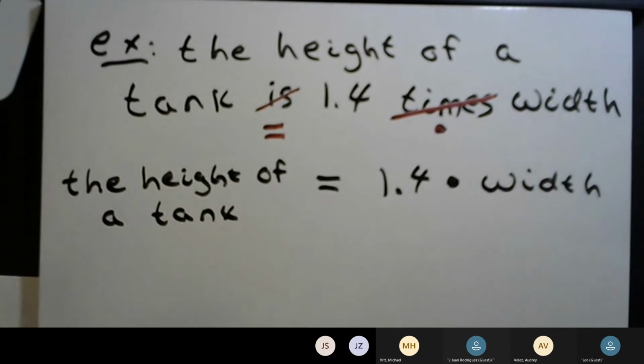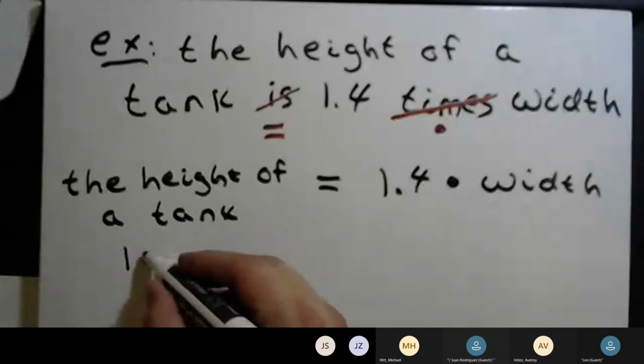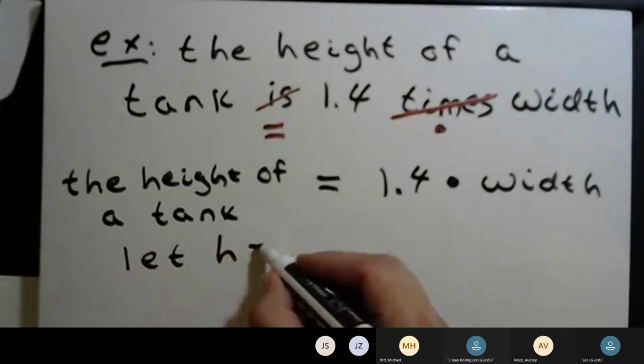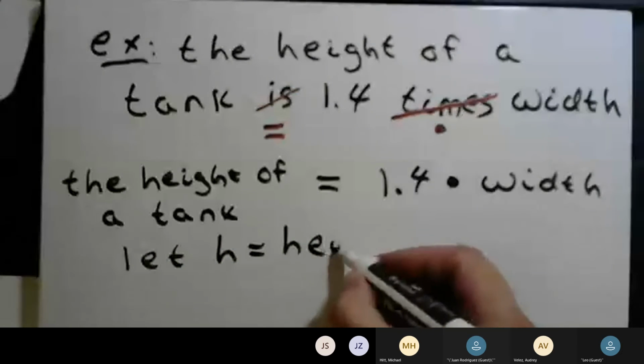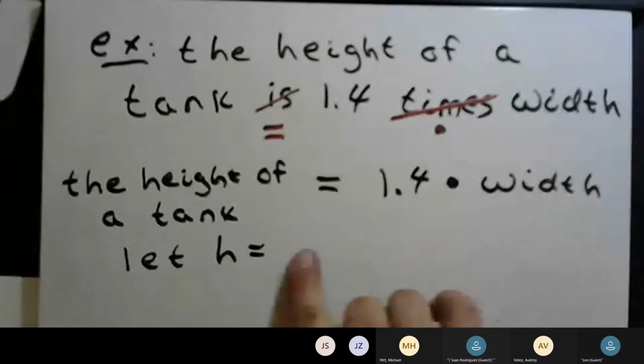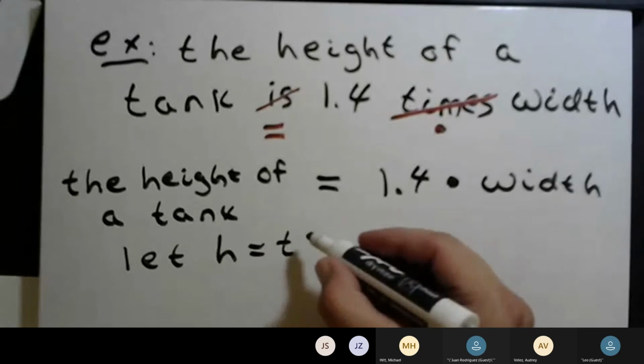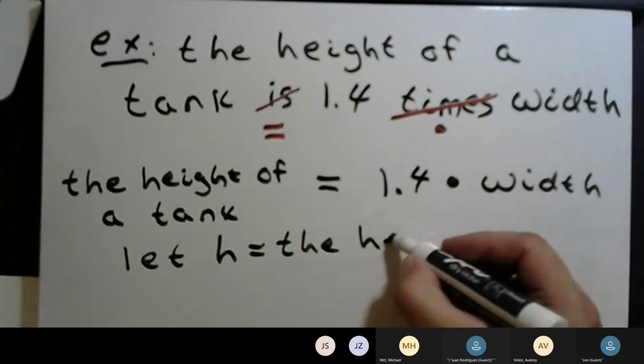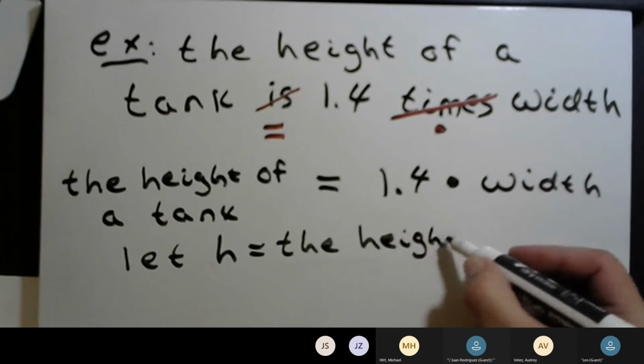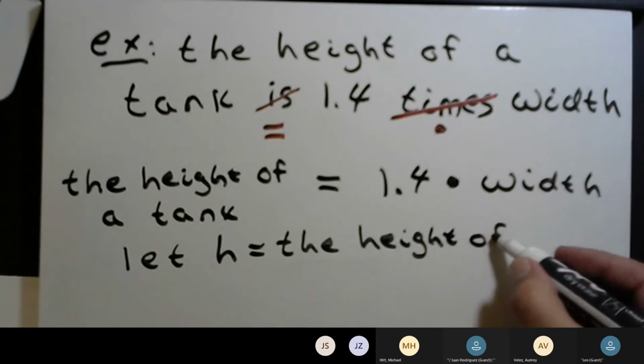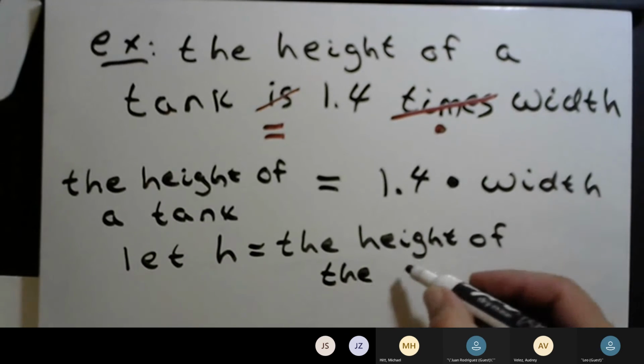Now in math, we try to come up with abbreviations for quantities. So we have the height of the tank. We can do this: let h equal the height of the tank.